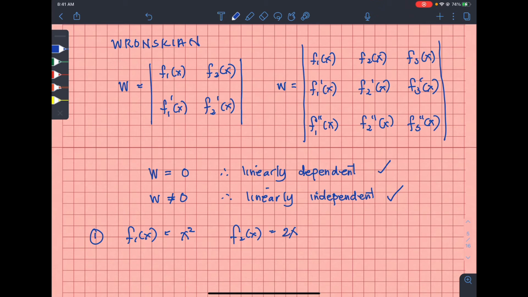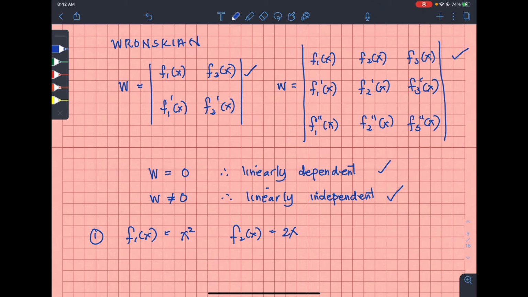As you can see here, the first row will correspond to the solutions. Since this is second order, f1 of x is the first solution, f2 of x is the second solution. If it is a third order, f1 of x, f2 of x, and f3 of x would be the 3 solutions of a third order differential equation.